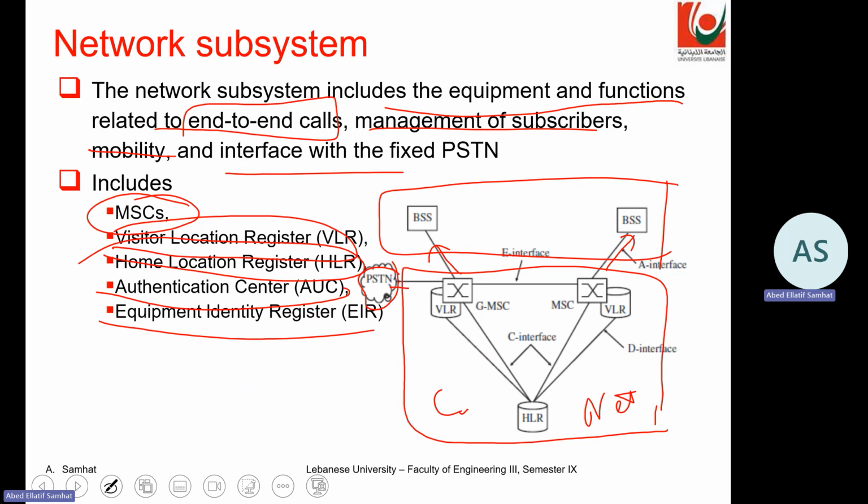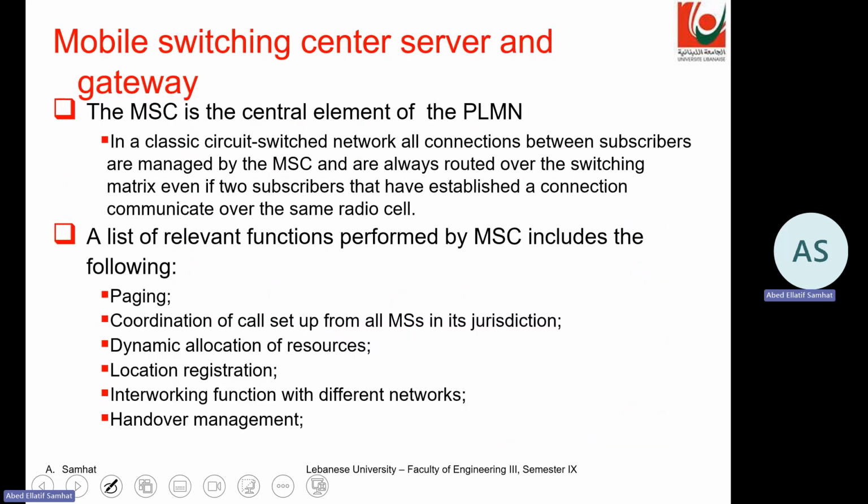Okay. So let's start, for example, with the important equipment, which is the mobile switching center server and gateway. It's the central element of the mobile network, or the public land mobile network. And it's really a classical circuit switched network because, as we said, it comes from the telephony approach. So it's a circuit switched model, and it achieves the management like any switching in any telephony system.